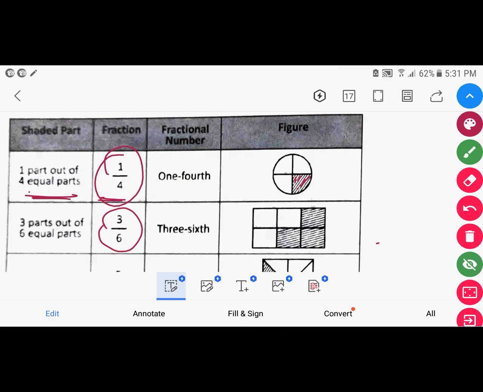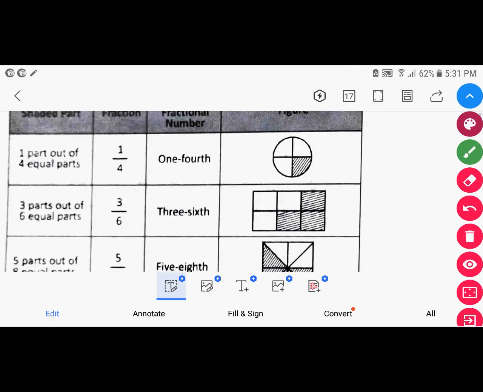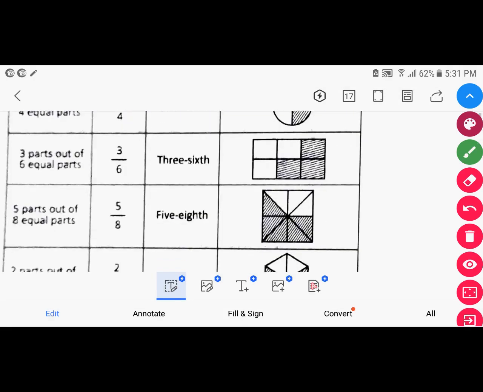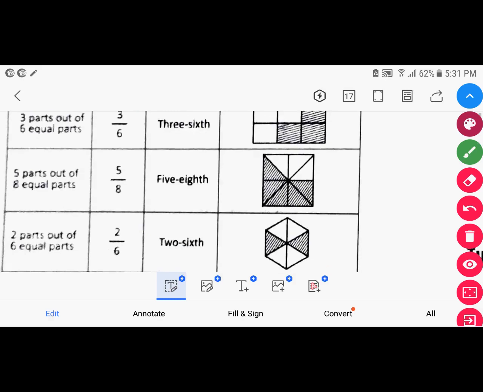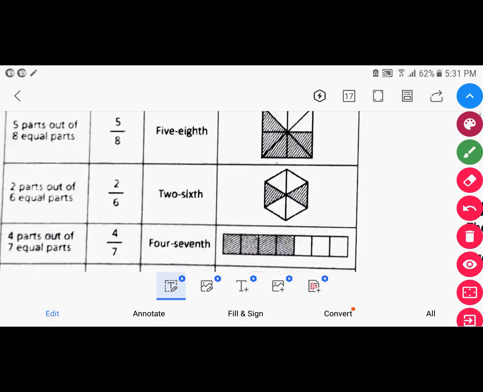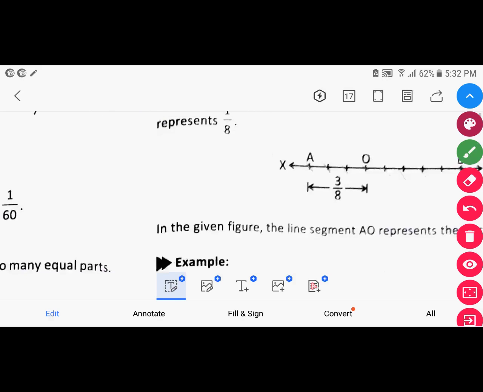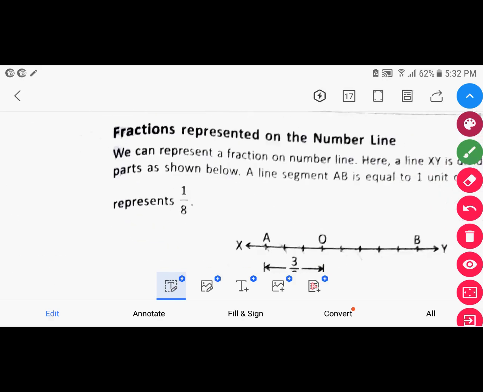If three parts are taken out of six equal parts, then it is known as 3/6. Likewise, you can say 5/8, 2/6. How many equal parts are there, and how much portion is taken out.